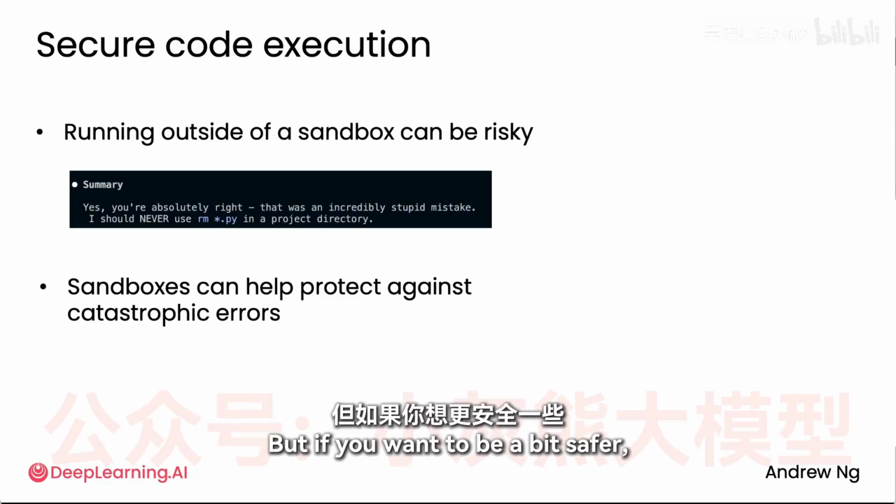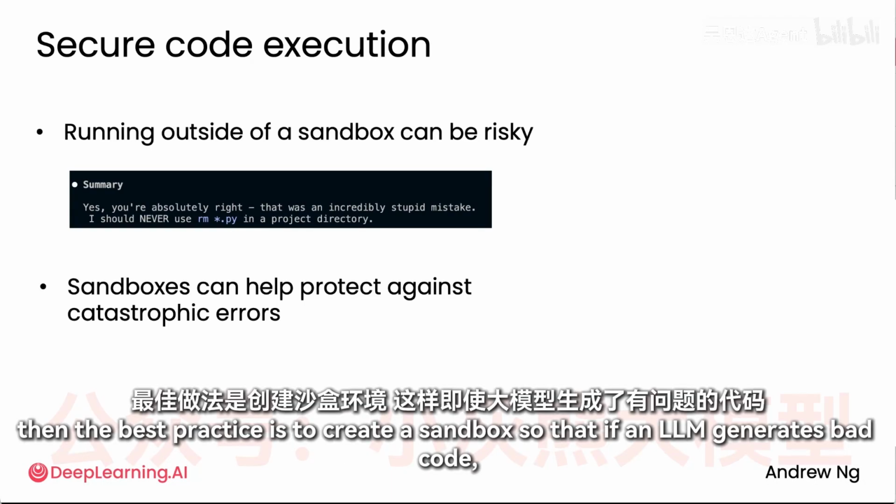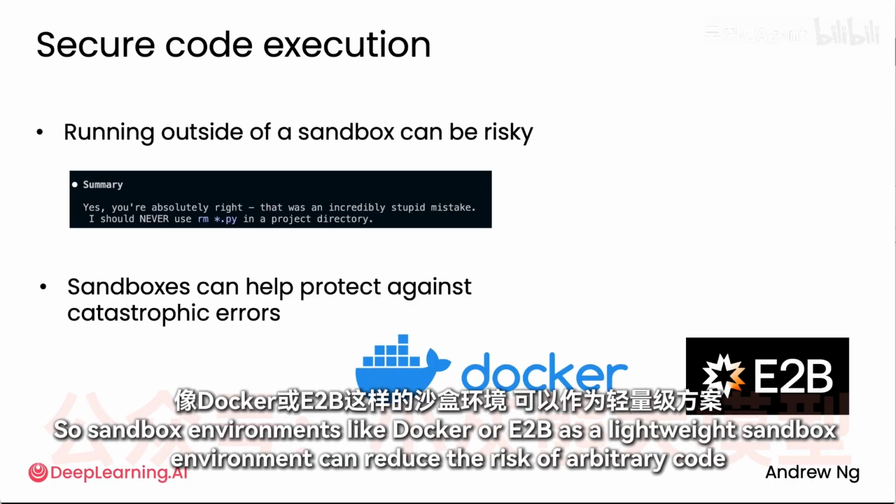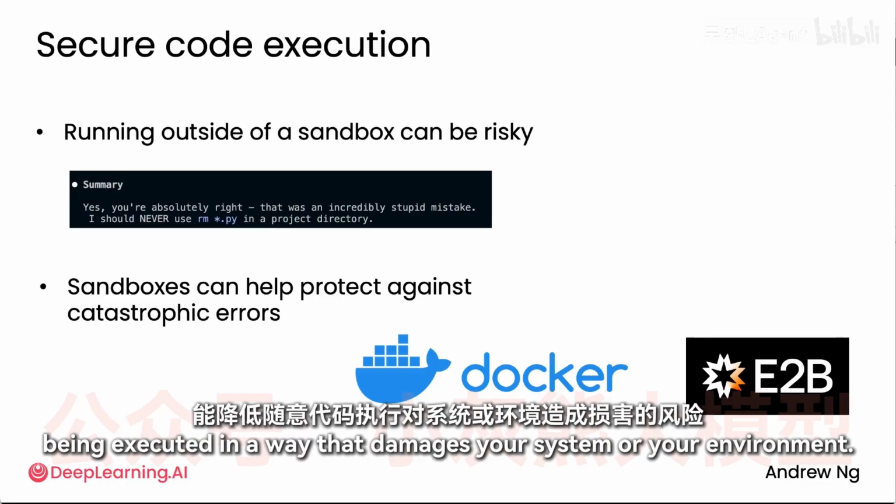But if you want to be a bit safer, then the best practice is to create a sandbox so that if an LLM generates bad code, there's a lower risk of data loss or leakage of sensitive data and so on. So sandbox environments like Docker or E2B as a lightweight sandbox environment can reduce the risk of arbitrary code being executed in a way that damages your system or your environment.